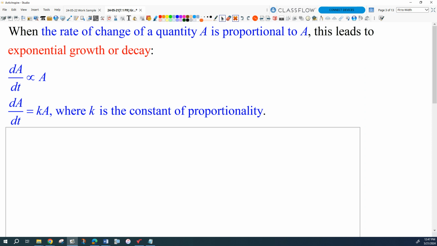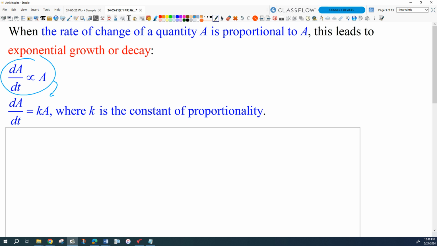So instead, we can trade that for this equation, dA/dt equals k times A, where k is some constant. We call it the constant of proportionality. So if the constant of proportionality is 4 instead of 2, what does that tell us?